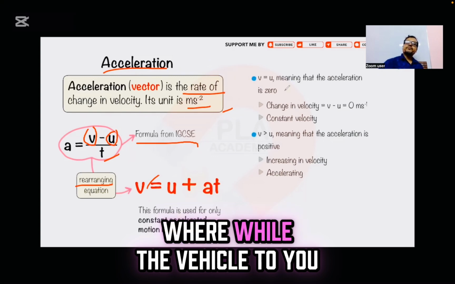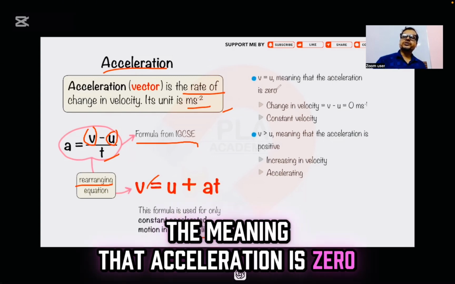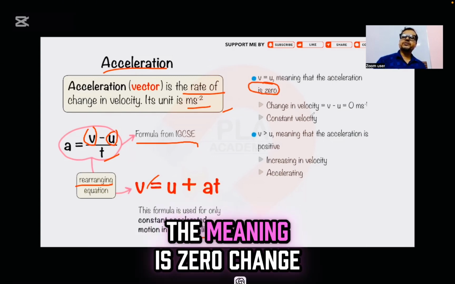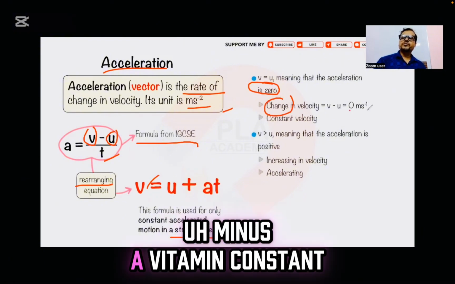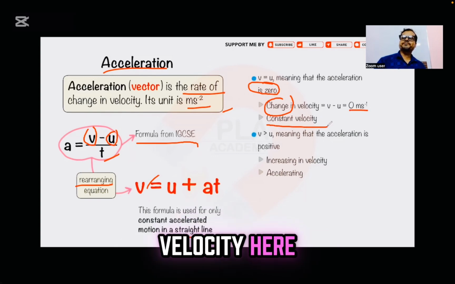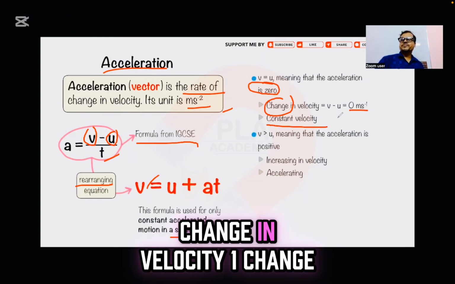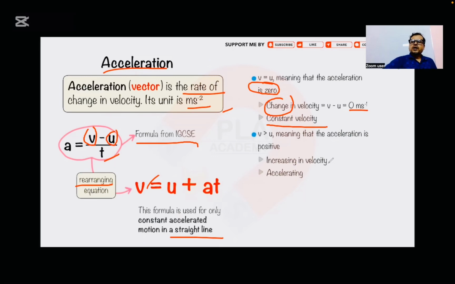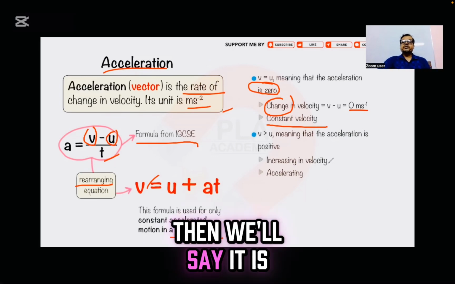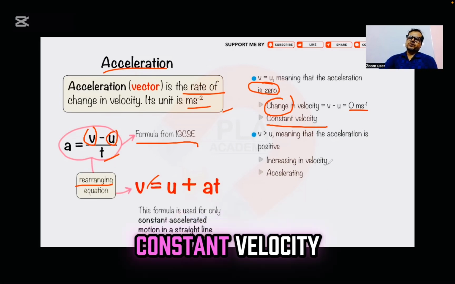When the change in velocity is zero, the acceleration is zero, and we say it is constant velocity.